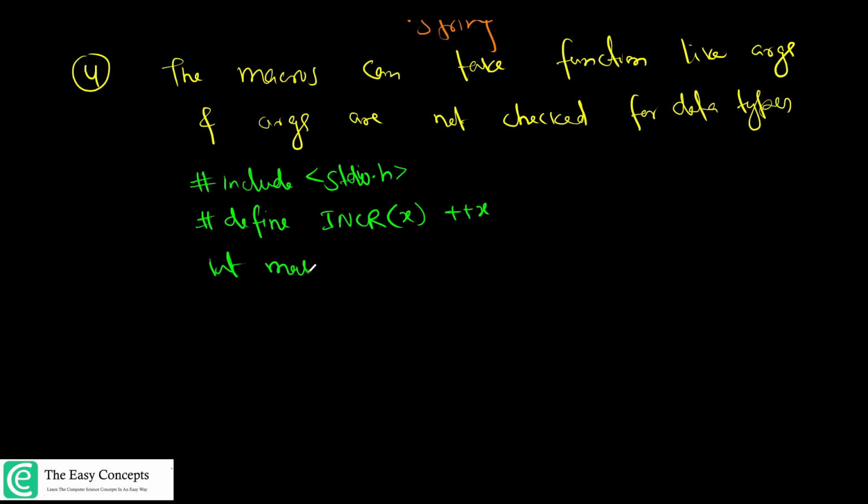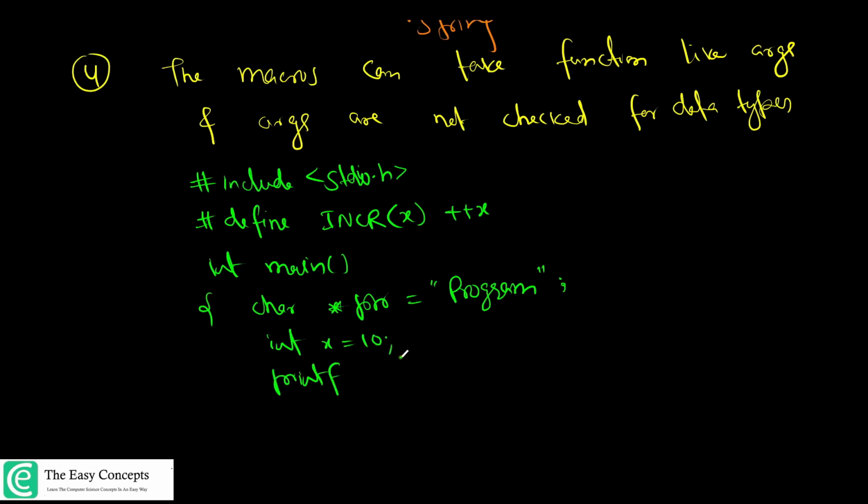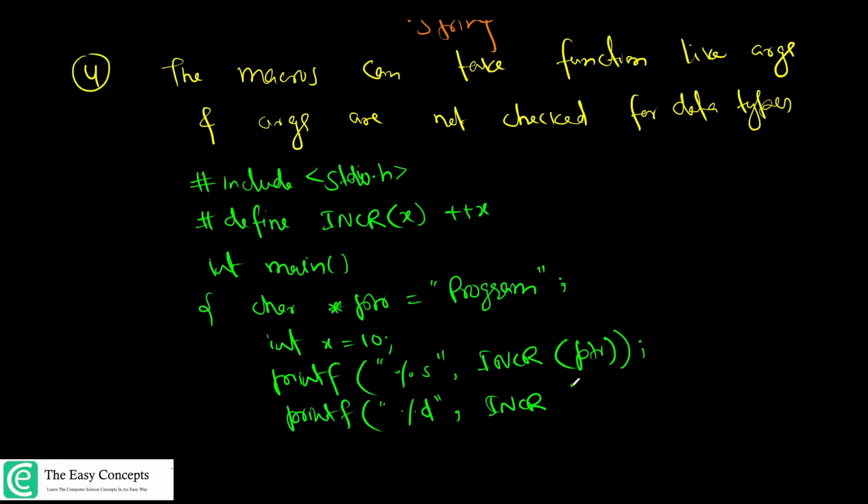So write the main function, declare a pointer and int x equal to 10. Now write some print statements. First we are passing the pointer inside this, and next we are passing x. Now just pause this video and tell me what should be the output of this program.